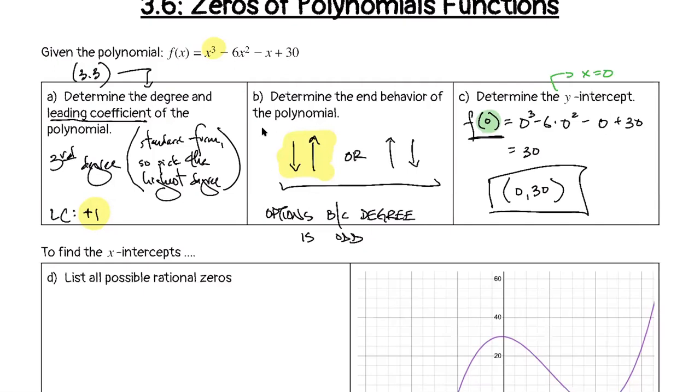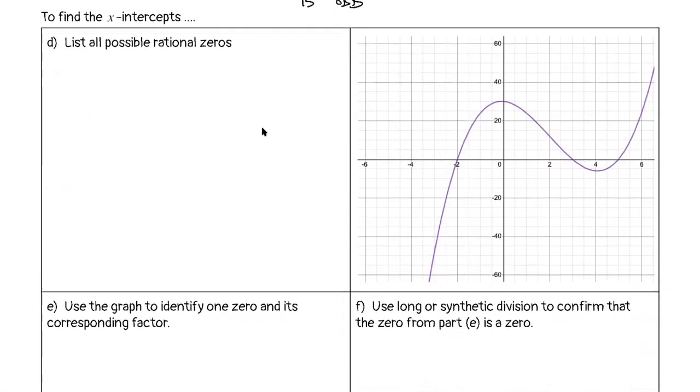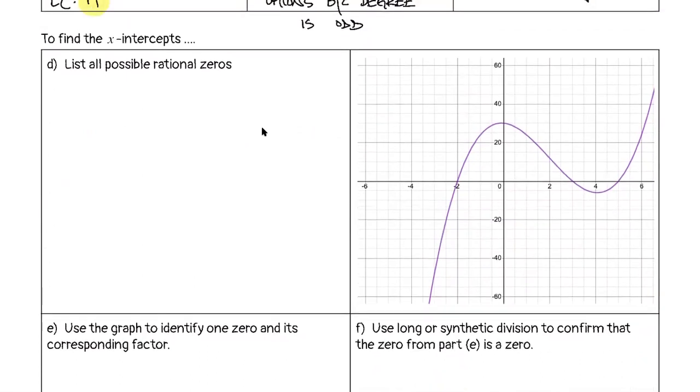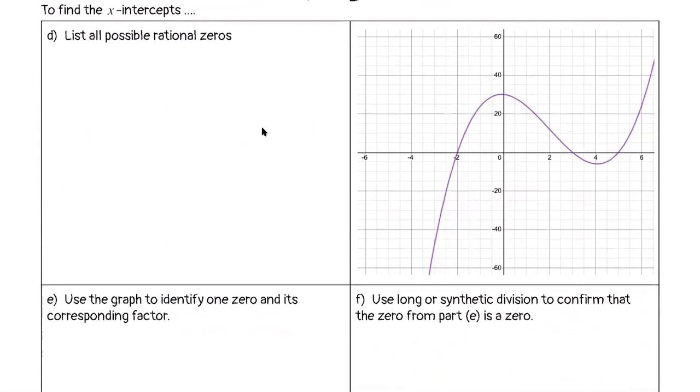Okay, so we're going to answer these questions for every example that we do today. So hopefully it'll be a good review for some of the earlier sections that we've taken a look at. For right now, we're going to move on to this next big table here and spend some time filling that out. Here's what I want us to do. For these questions, by and large, I'm going to give you the graph of the function.